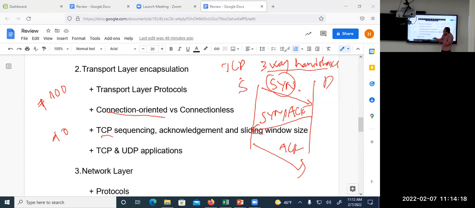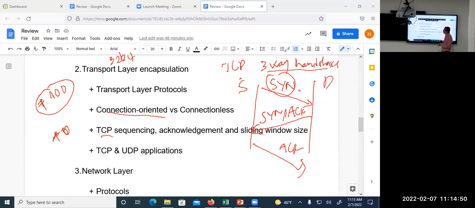If someone knows the starting sequence number, he can hijack the packet. So the sequence number for each connection is generated randomly from 32 bits. One time it can be 100, another time 1 million or 2 million, whatever. It's always a random number, for security reasons.